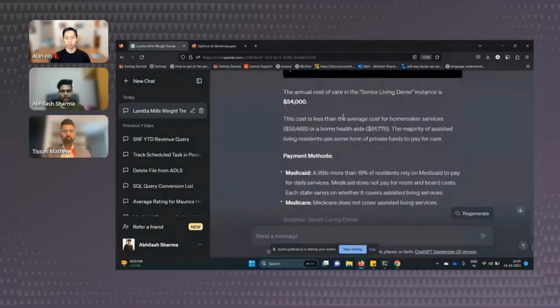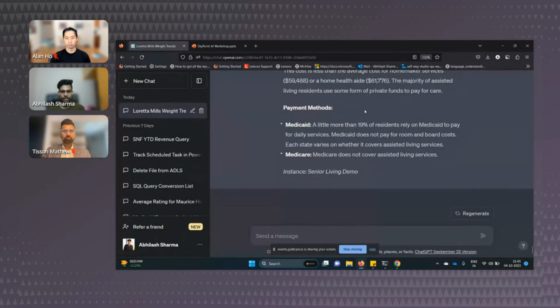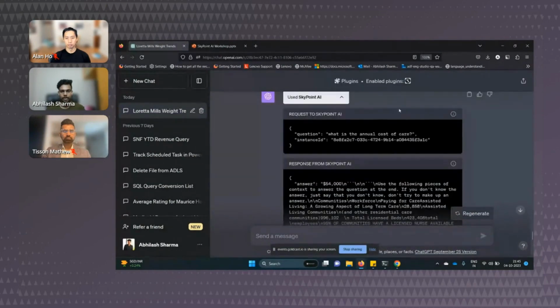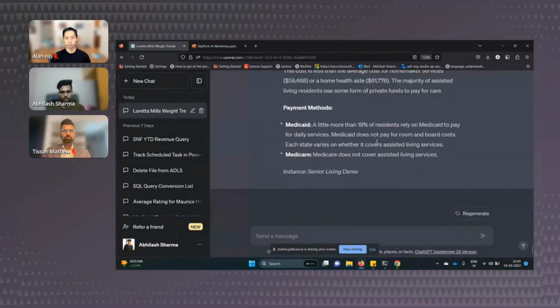I'll be demoing from one of the distribution channels that we have, which is the SkyPoint plugin in ChatGPT. To set the context on the data source itself, it's a senior living data source. It has data about communities, their review data, their process sentiment data, their finance data, and their occupancy data.